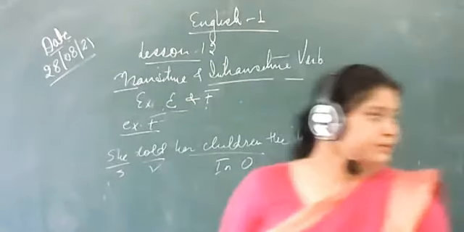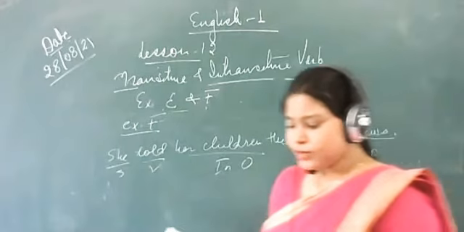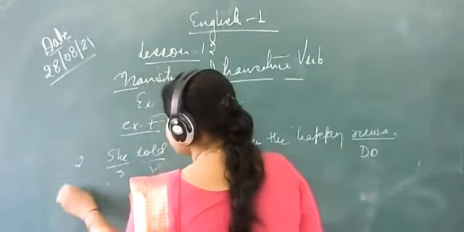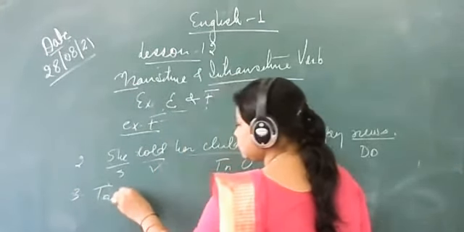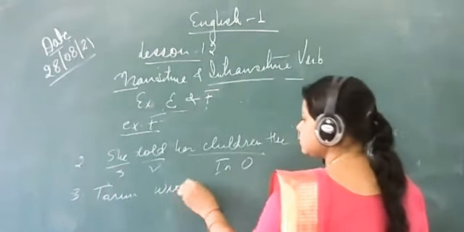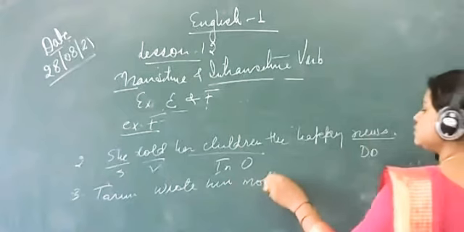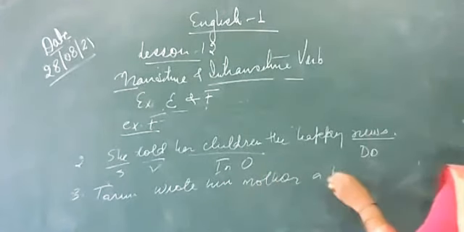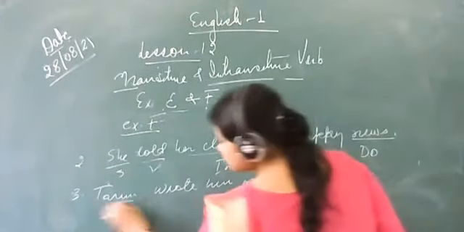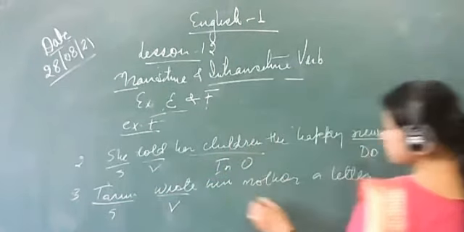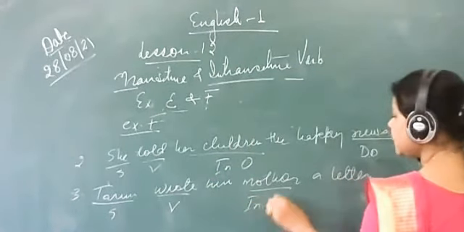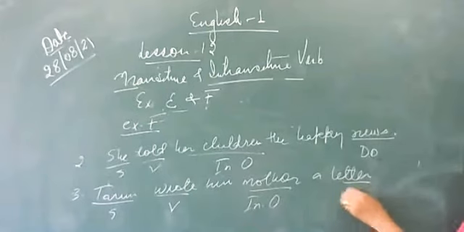Okay. Next one. Tarun wrote his mother a letter. Tarun wrote his mother a letter. So Tarun is subject, wrote is verb, mother is indirect object, letter is direct object.